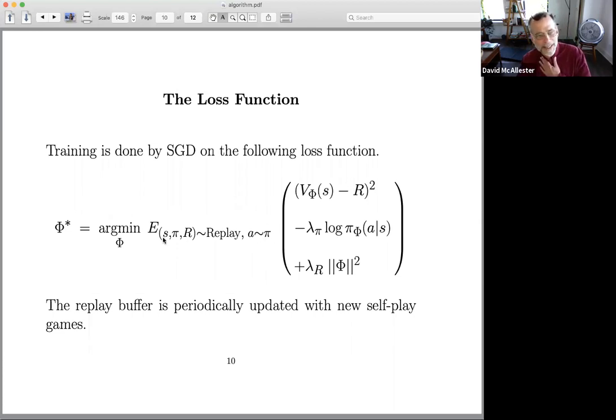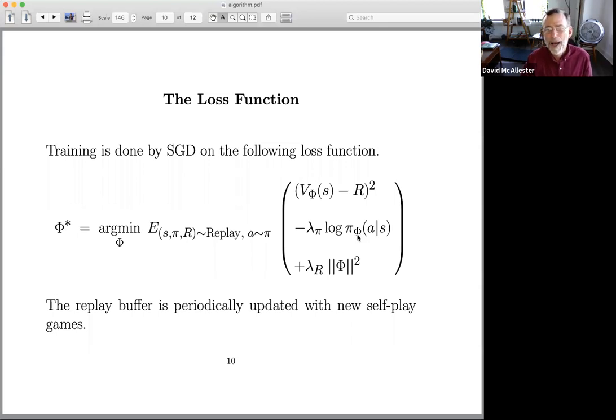So what we're doing is selecting these triples from the replay buffer. This triple in the replay buffer has a policy that we can draw from at random, and what we're going to minimize is the cross entropy from the policies that are learned from the search to the policies that are predicted by the policy network.